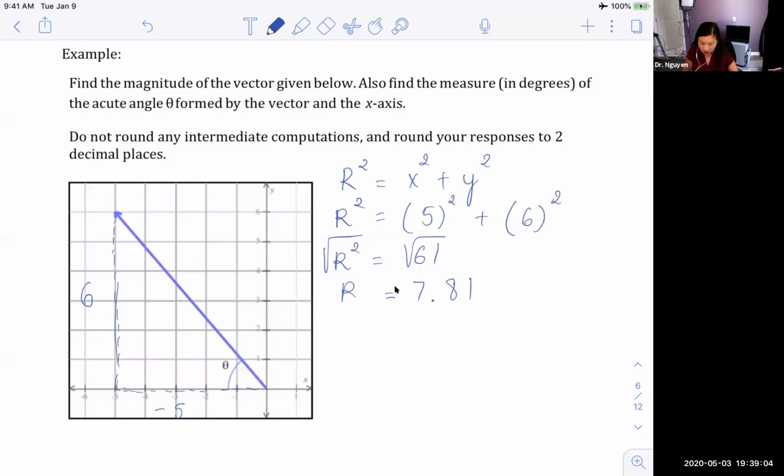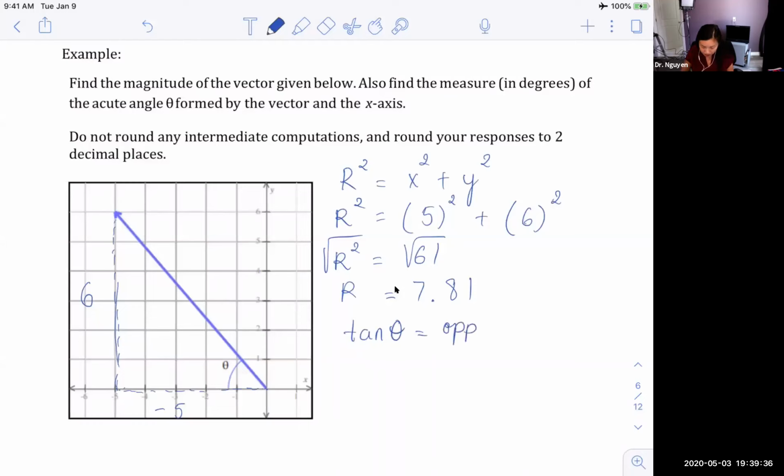Now, how do we find the angle theta? For angle theta, we can definitely use tangent, right? Because we have the numbers. Oh, I don't want to use r. I want to use x and y, because you can read them, and plus they are whole numbers. So we know that tangent of theta is going to be opposite over adjacent.